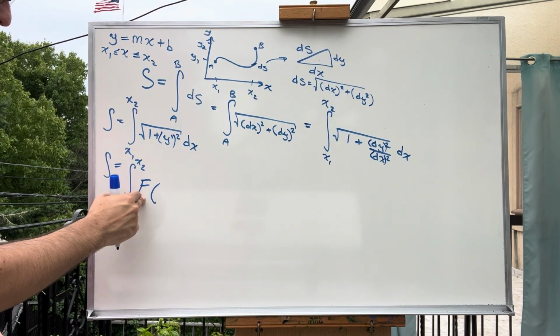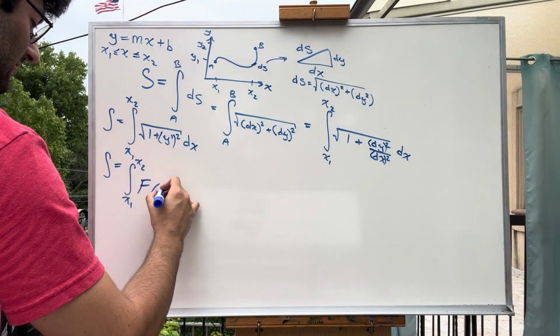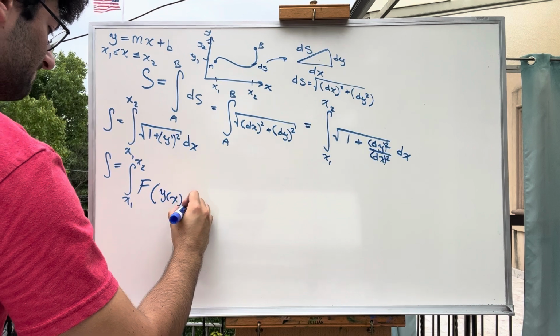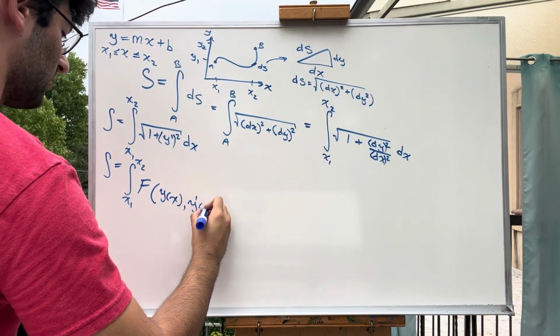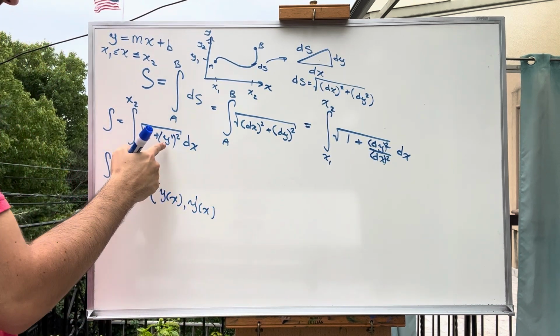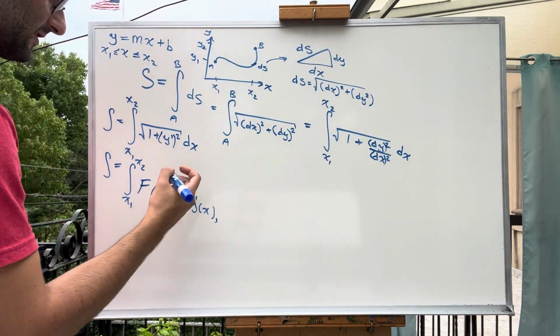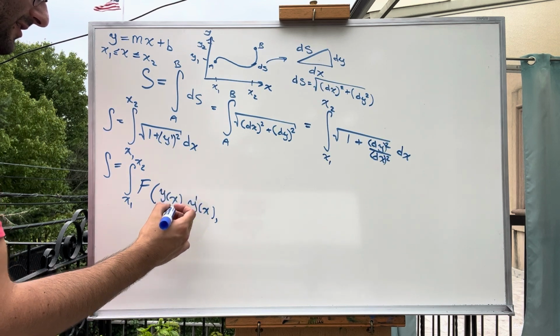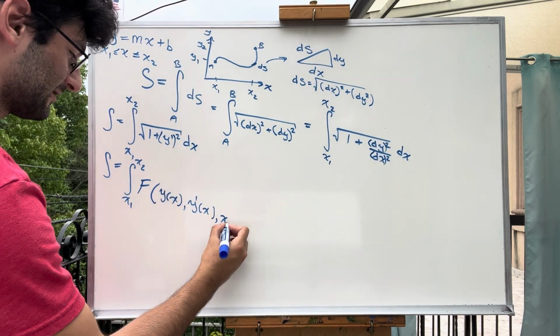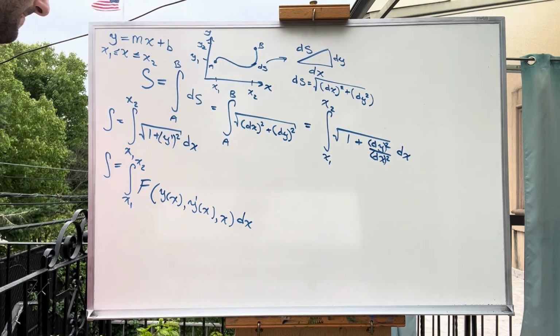In other words, a functional of y of x, its derivatives, y prime of x, in this case, just its first order derivative, and it's a function of y of x's independent variable x with respect to x.